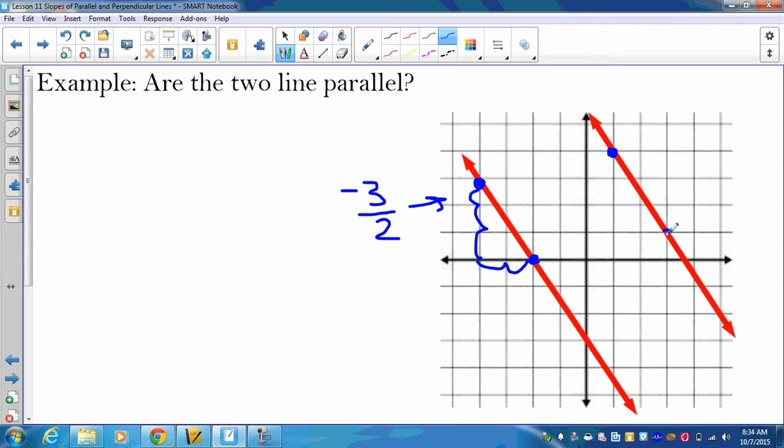We'll check this line. I'm going down 3. I'm going to the right 2. So this line also has a slope of -3 over 2. So yes, they are parallel, because they have the same slope.